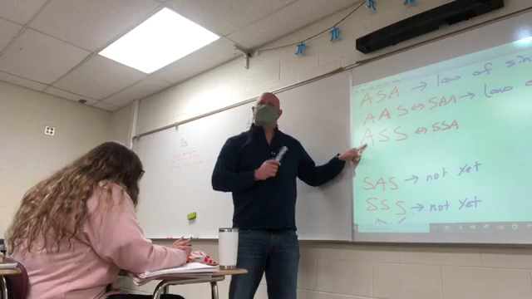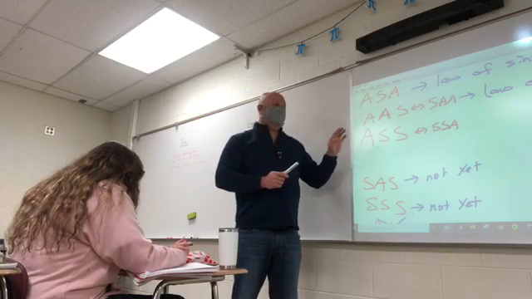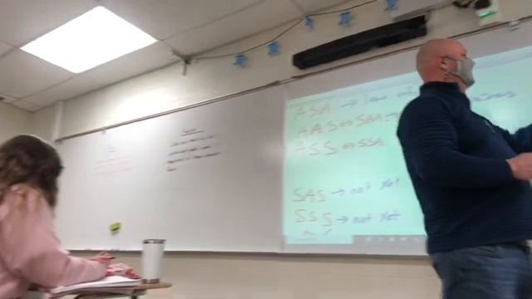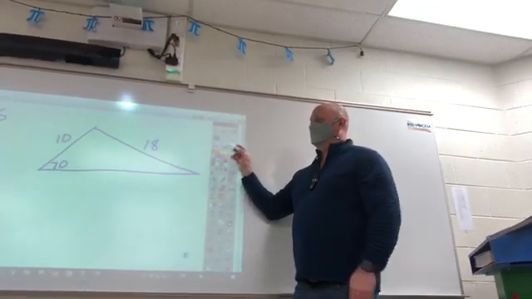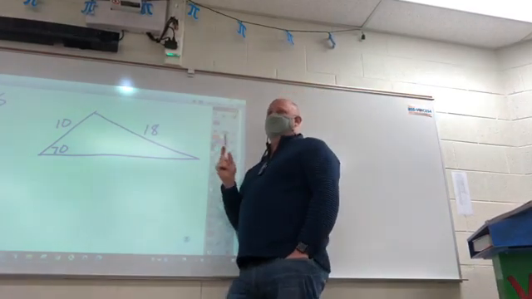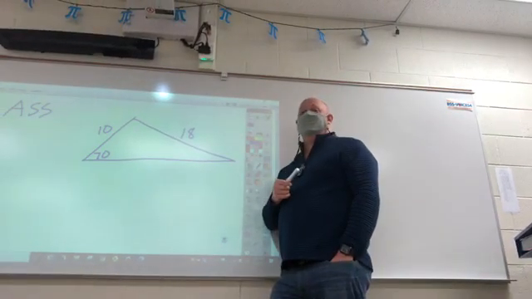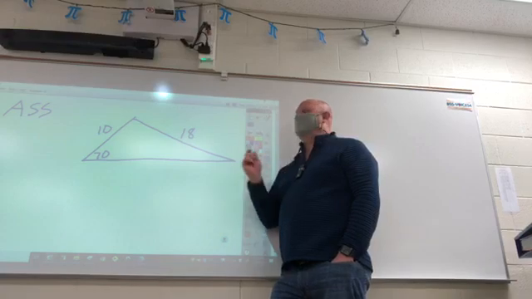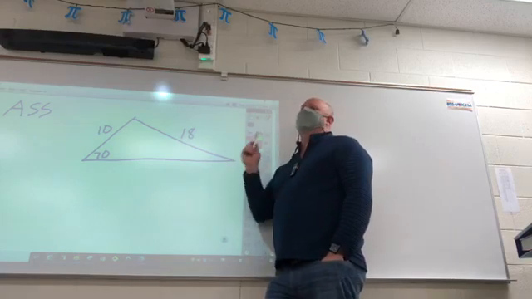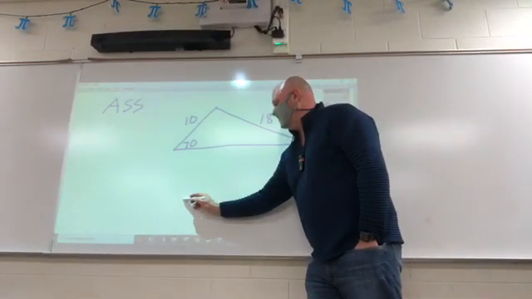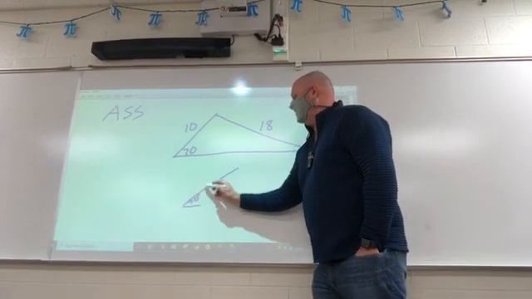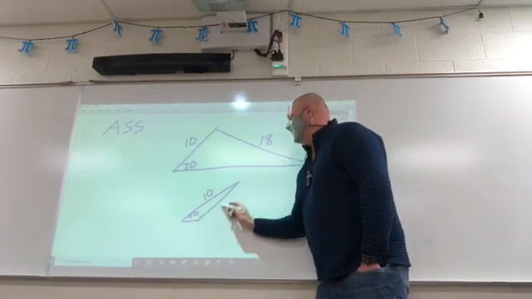It doesn't work. The reason is, if you're given angle, side, side, this triangle right here might be possible. It might not. It also might be possible to build two completely different triangles with a 70-degree angle, a 10 here, and an 18 here.